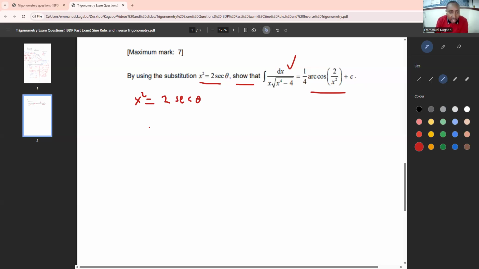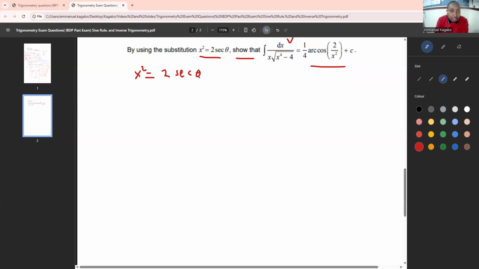That's when you're going to fully understand what I'm doing here. I have to do implicit differentiation. The derivative of x squared is 2x, but I'm differentiating with respect to theta, so it's 2x dx over d theta, because it's implicit differentiation, equals 2.